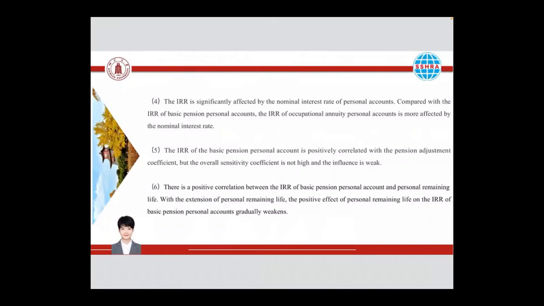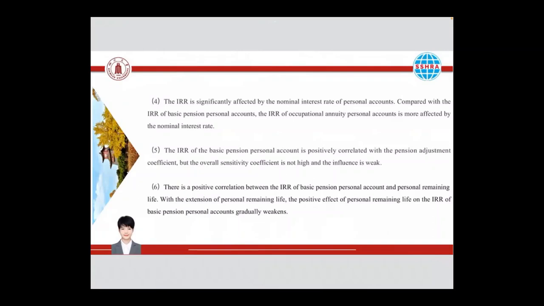Fifth, the IRR of basic patient personal account is positively correlated with the patient adjustment coefficient, but the overall sensitivity coefficient is not high, and the influence is weak.